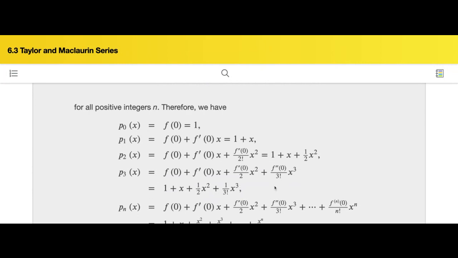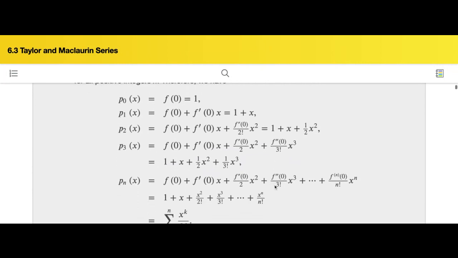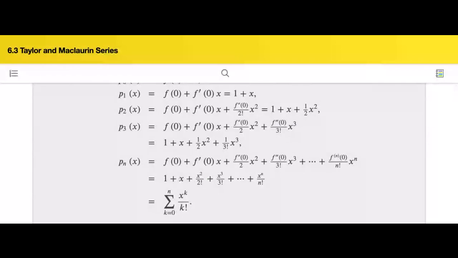And we see the pattern actually, right? For the nth order, we get 1 plus x, plus x squared divided by 2 factorial, plus x cubed divided by 3 factorial, plus x raised to n divided by n factorial. So this is the nth order Maclaurin polynomial for e to the x.